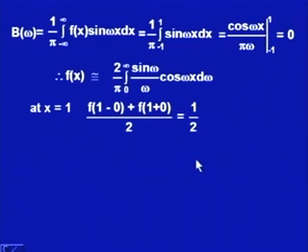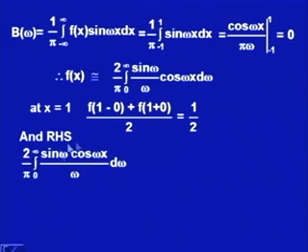So the average would be simply 1 by 2. The right hand side is the integral by which we are representing the function, which is 2 upon pi, integral of sin omega cos omega x over omega d omega. Now I want x equal to 1, so it should be equal to half.